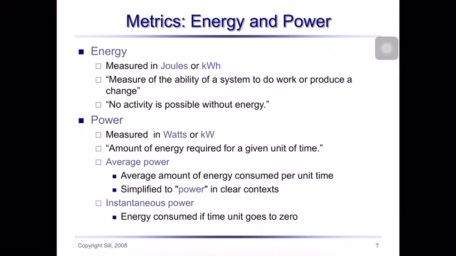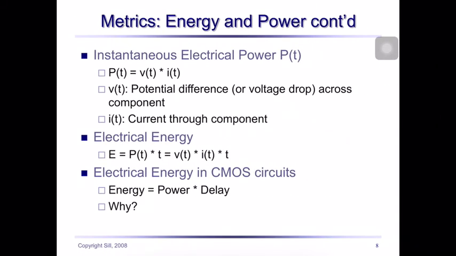Okay, so like I mentioned earlier, electrical power can be defined as instantaneous power, and this is simply P equals V times I, voltage times current, right? So the voltage specifically is the potential difference or the voltage drop across a specific device, and the current is the current passing through that specific device.